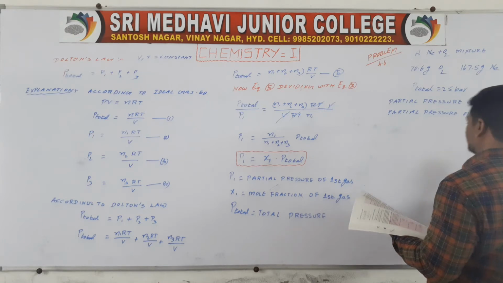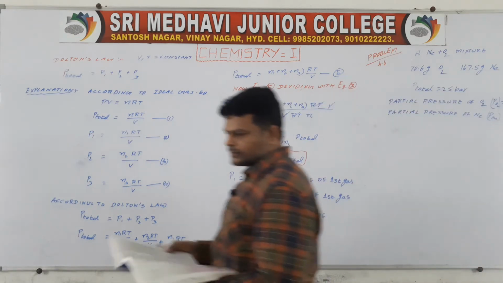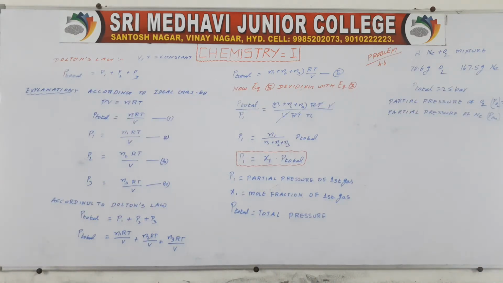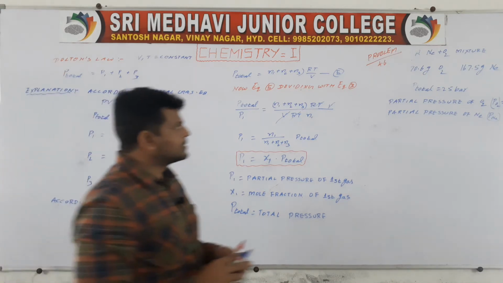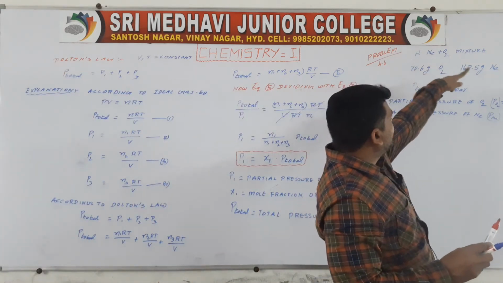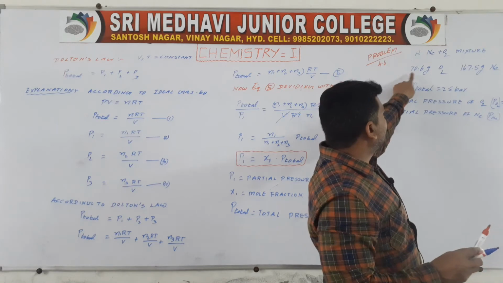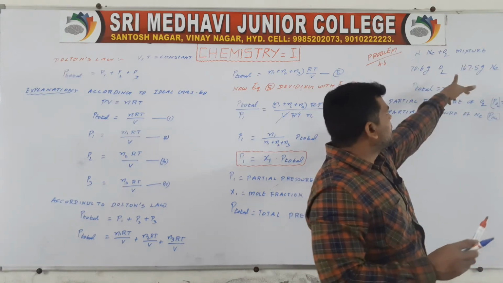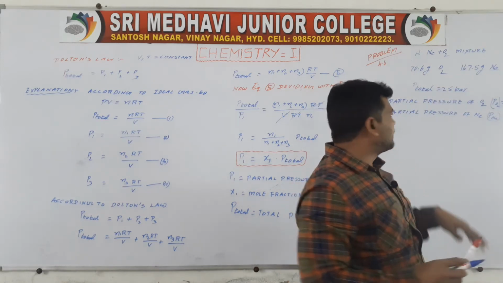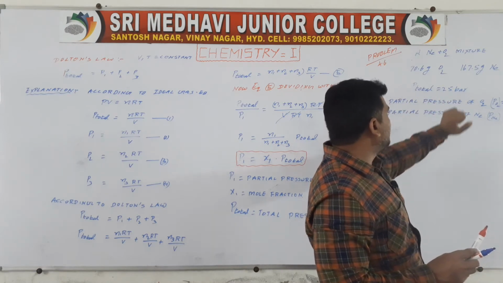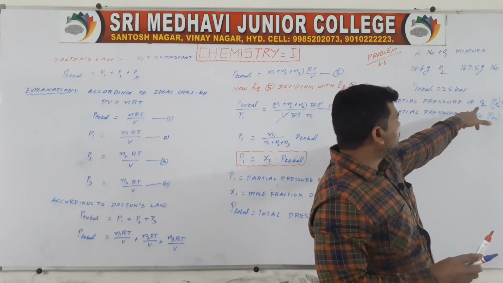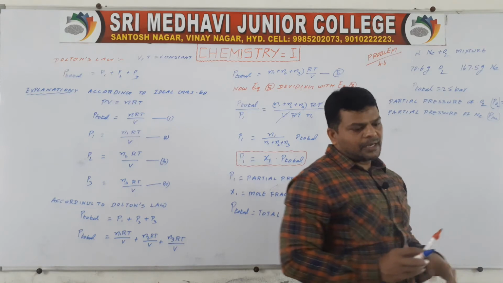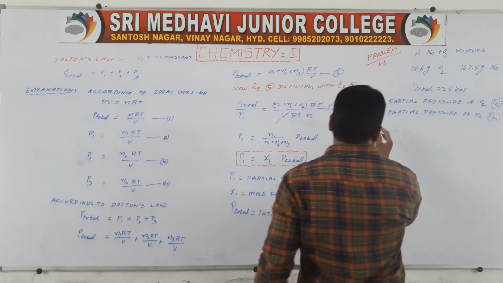So this is the problem given to us: a mixture containing 70.6 grams of O2 and 167.5 grams of neon, P total is 25 bar, and we have to calculate the partial pressures of O2 and neon.